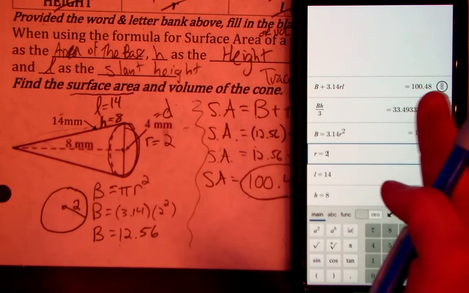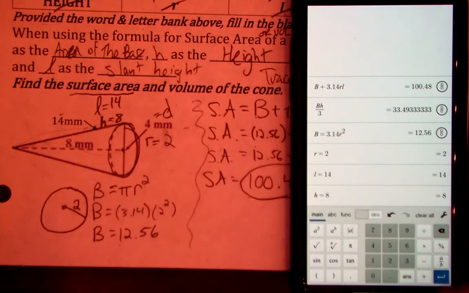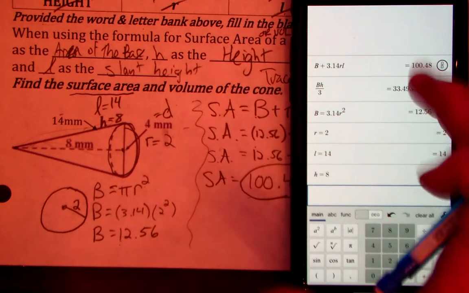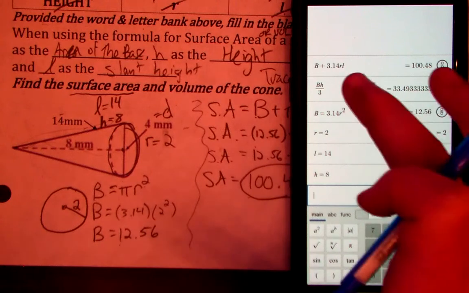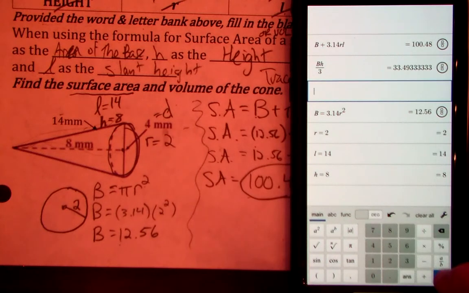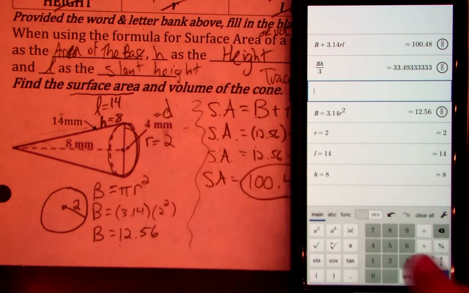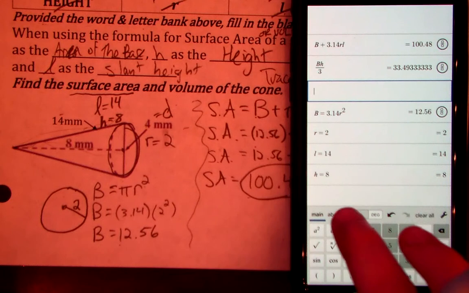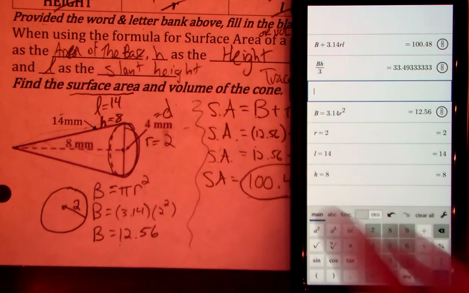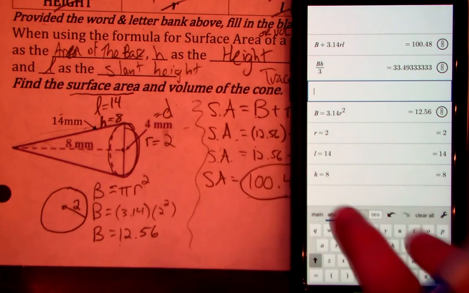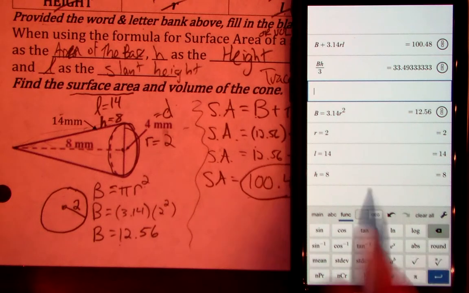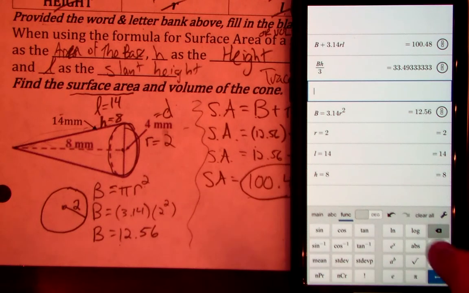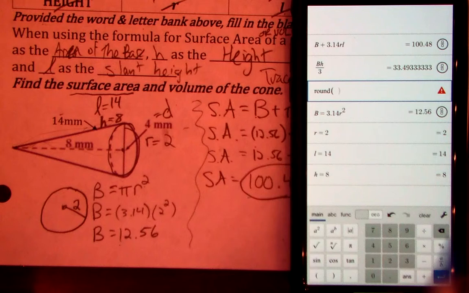And so if I need to round, however, again, I can say, okay, let's make some space here. So I want to say, all right, I want to be able to round. So I can type in round if you want to, or you can hit that function tab, and you can say, I want to round. Where is that at? Round. And I want to say my answer.